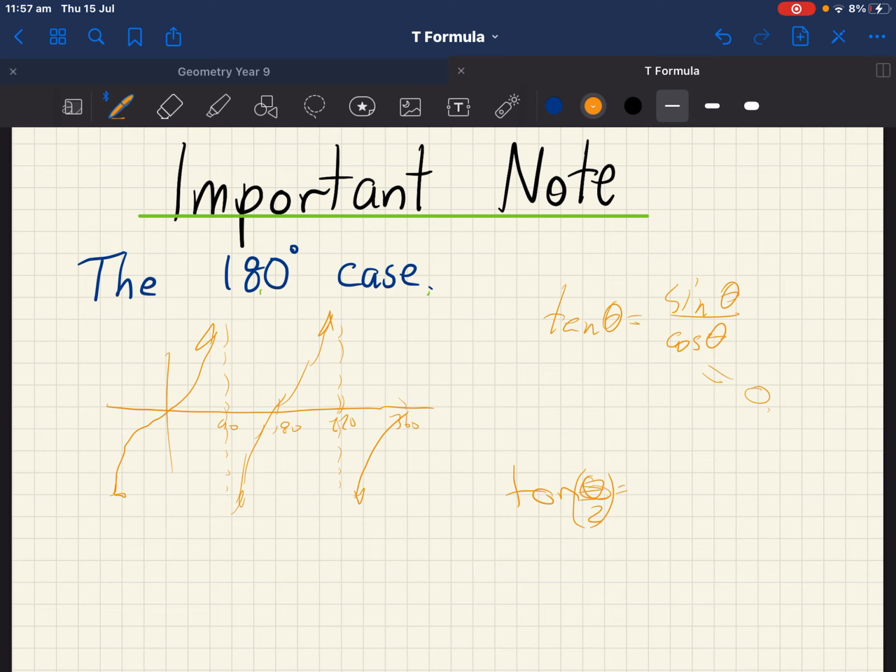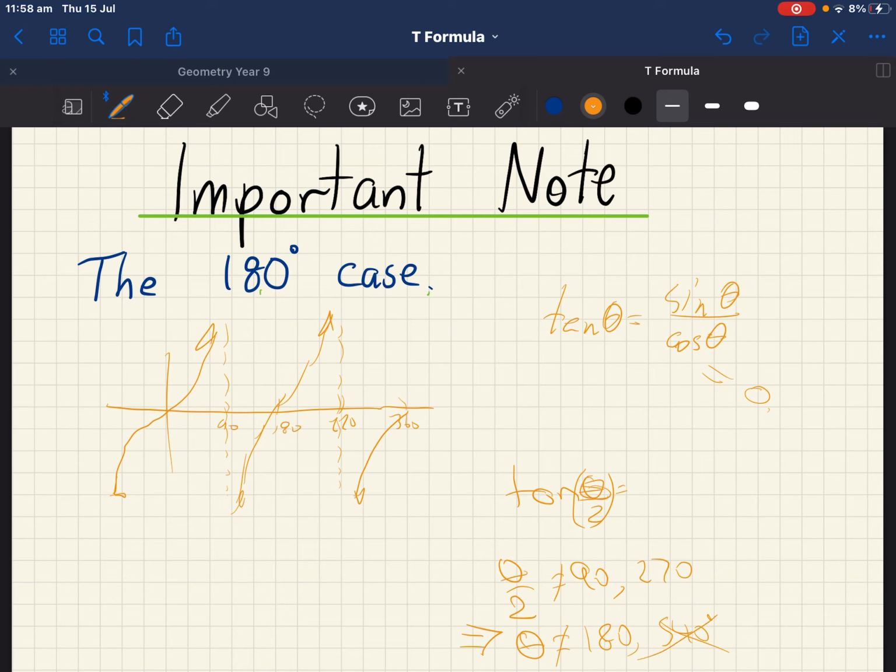Well, according to T-formula, in that case, since we're making that substitution, theta on 2 cannot equal 90 degrees or 270 degrees, right? Because tan doesn't exist at those points. That, of course, implies that theta, at least according to T-formula, will never be allowed to equal 180 degrees or, the other one we don't really care about so much, it's outside the domain, 540 degrees.